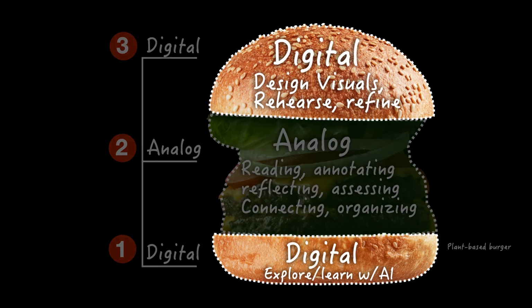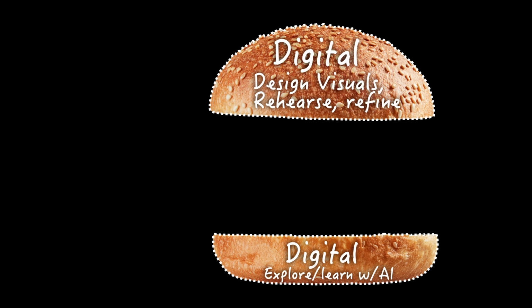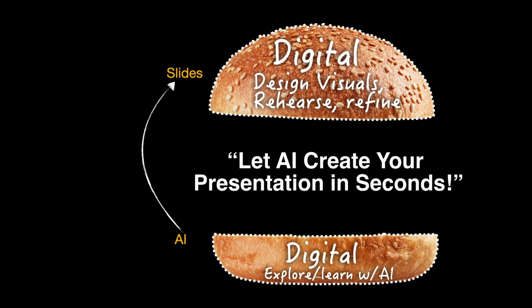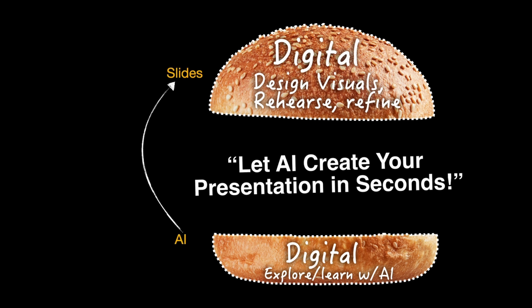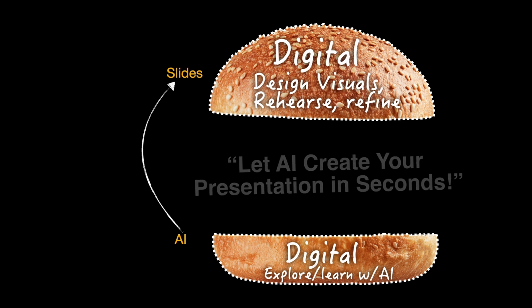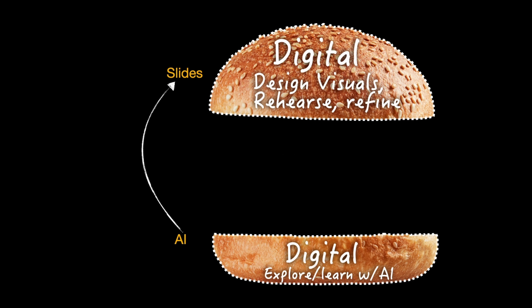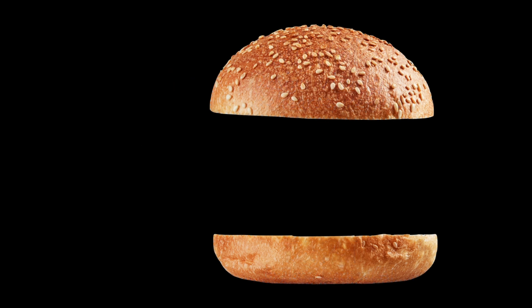But a lot of apps and a lot of chatter on things like Twitter and other social media are saying, hey, you can just start with AI. Let AI do it. You can just put in a few prompts and bingo, it's done. You could do that, just like you could have a cheeseburger with no meat or any vegetables, so just bread.